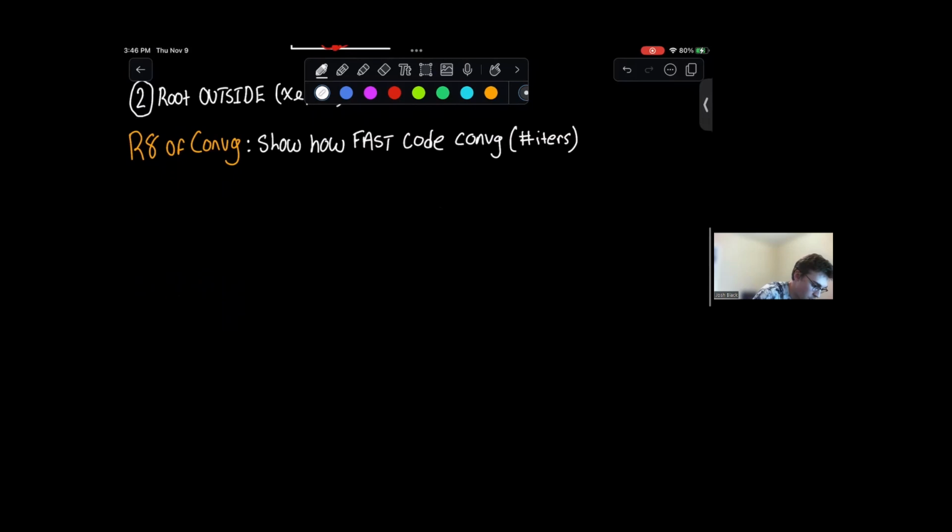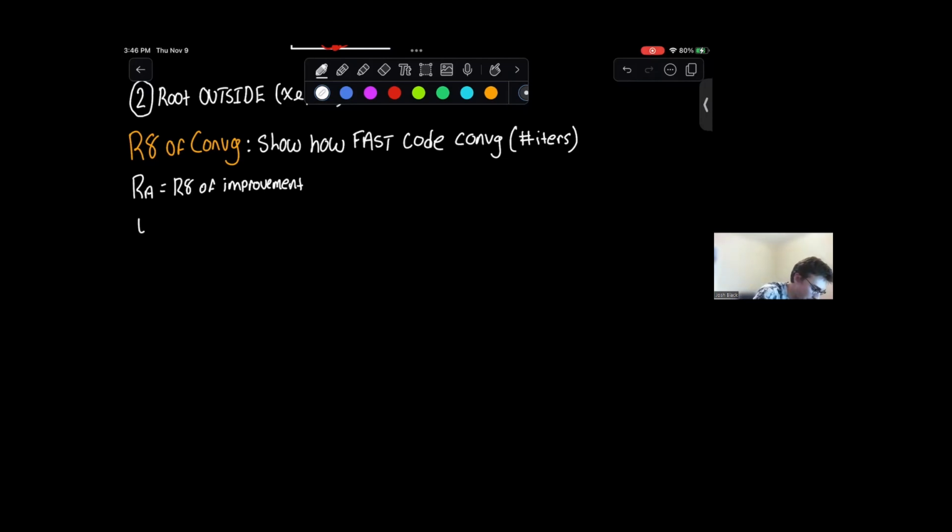Now we're going to do some more notation. We're going to say RA is the rate of improvement. Each iteration, how much closer do I get to my real solution? Am I taking big steps to my solution, or am I just taking little tiny steps? That's the rate of improvement.